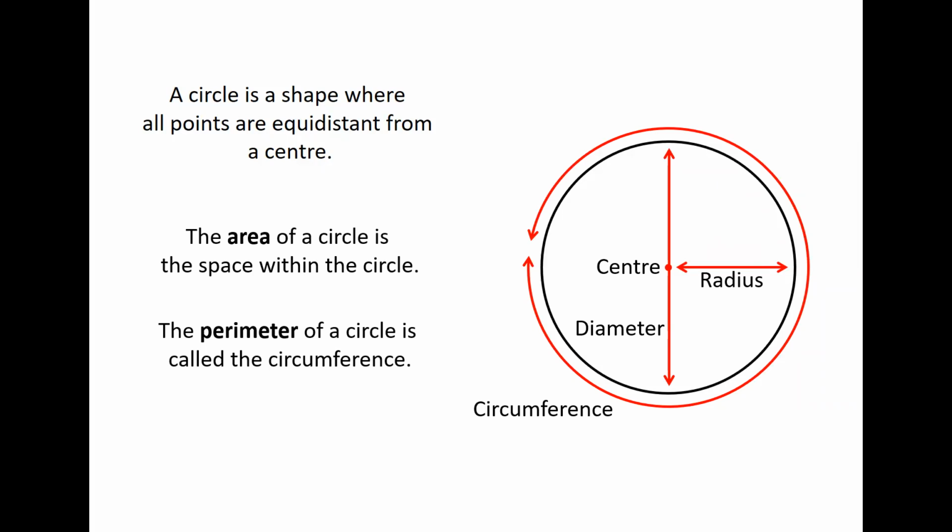The perimeter of a circle we call circumference. The center is there, you know the radius, you know the diameter. So based on that, you figure out the relationship between the diameter and the radius. Write down that relationship. D is equal to 2R.